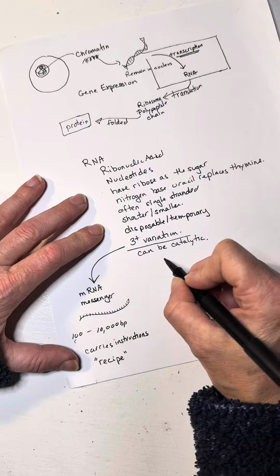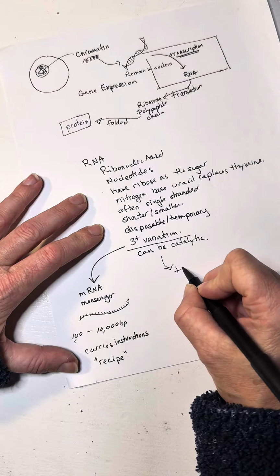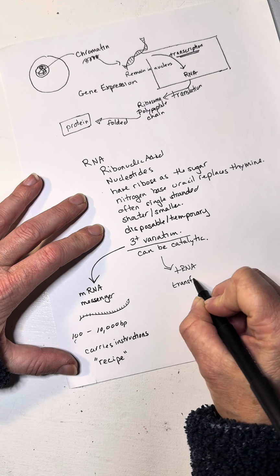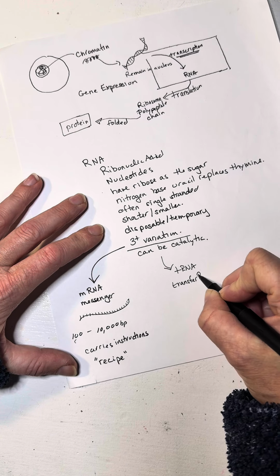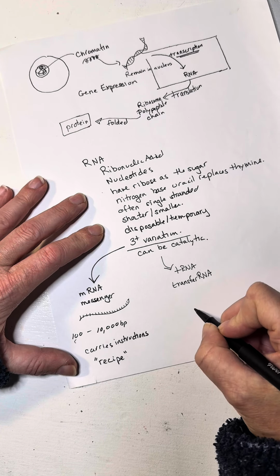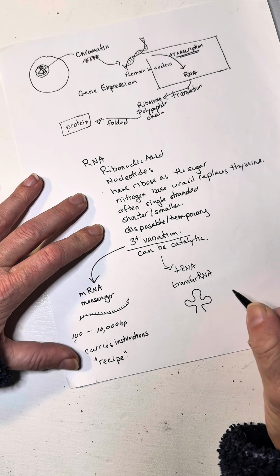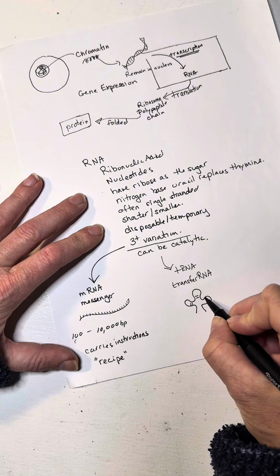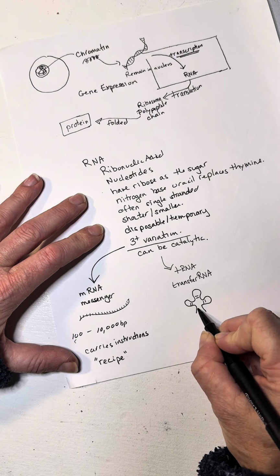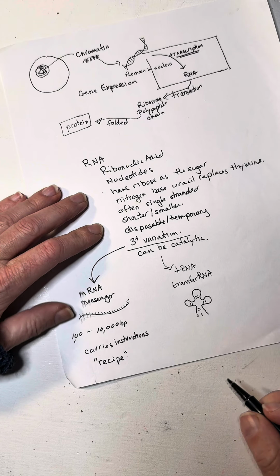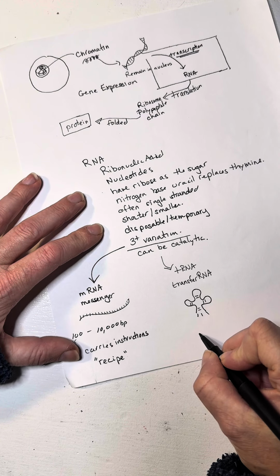Now, the second variation that we're going to talk about is tRNA. tRNA stands for transfer RNA. Transfer RNA starts as a single-stranded RNA, but it ends up folded into an odd shape, something that looks a little like that, where it forms some double bonds here and then has three nucleotides sticking off the bottom. Its job is that of the chef.